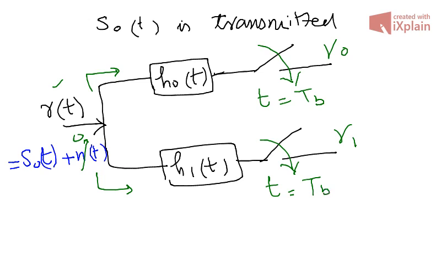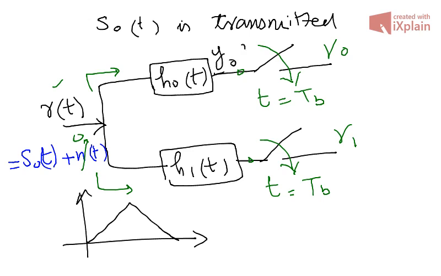In the absence of noise, we have already drawn these outputs in my previous lecture. Those who have not gone through it, just go through those lectures. The output of the first filter, the upper branch, y0 of t, appears in this form.